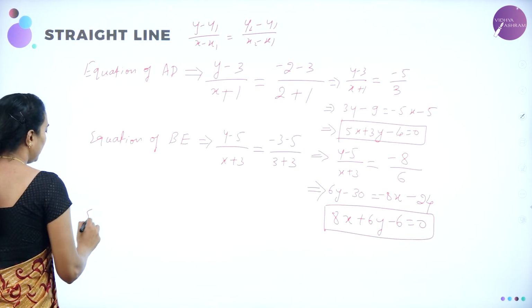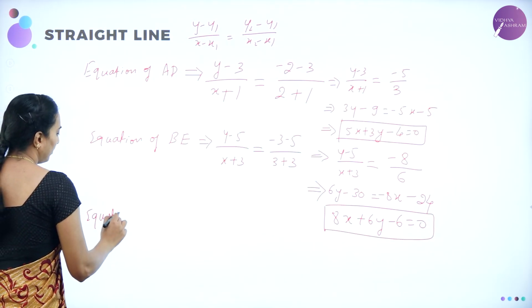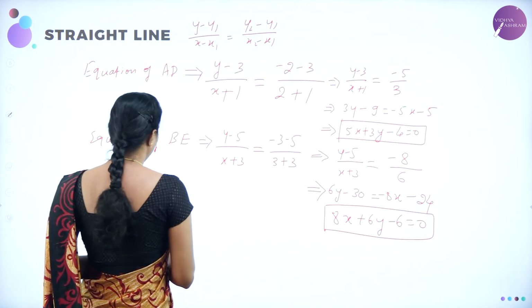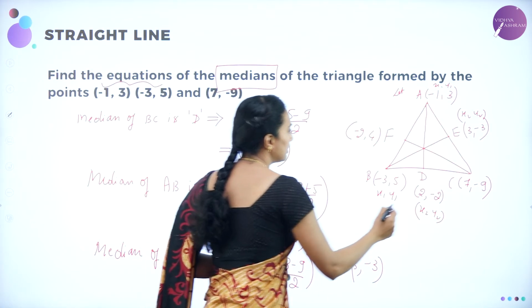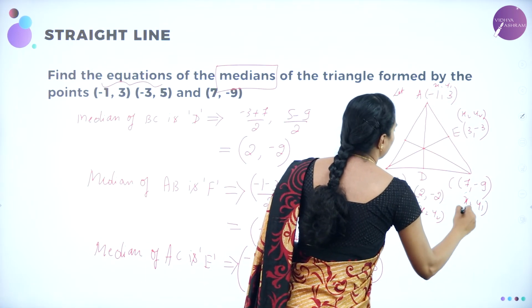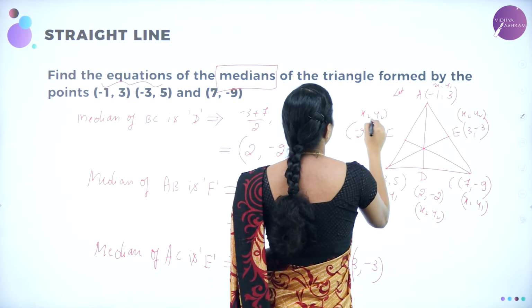Now we need to find the equation of CF. You can take this point as x1, y1 and this point as x2, y2.